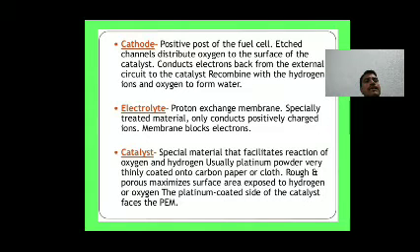Special material that facilitates the reaction of oxygen and hydrogen, usually platinum powder very thinly coated onto carbon paper or cloth. Rough and porous to maximize surface area exposed to hydrogen or oxygen. The platinum coated side of the catalyst faces the PEM.